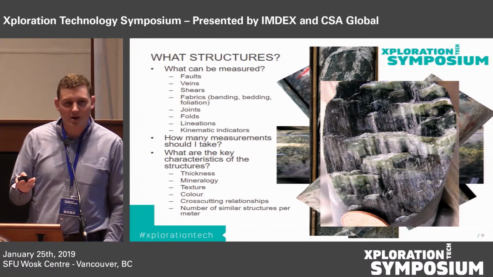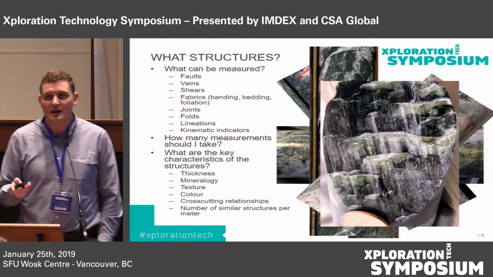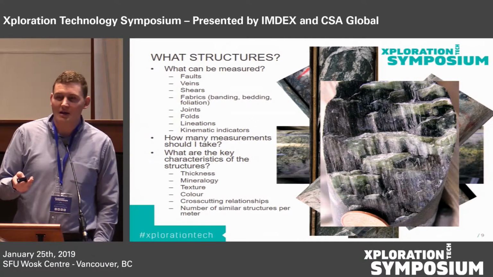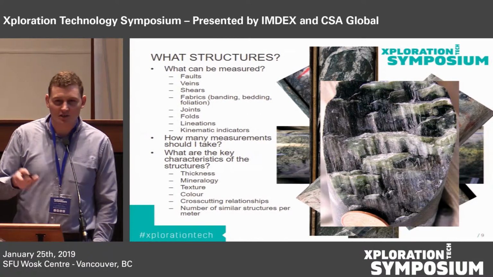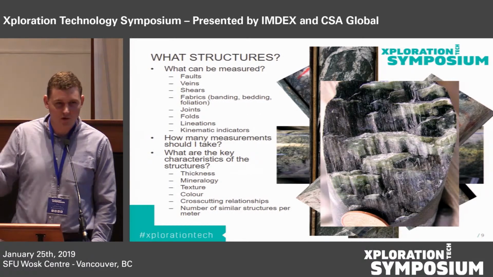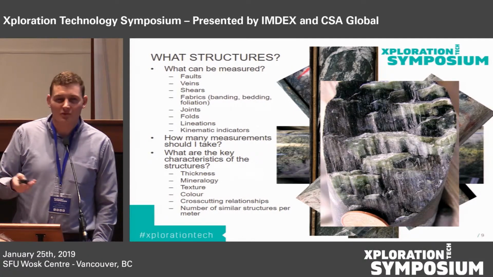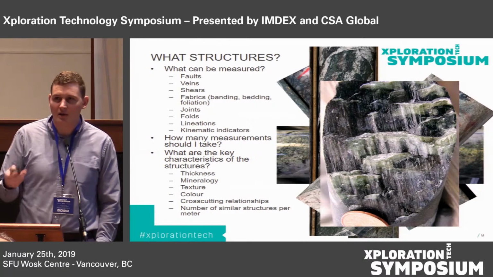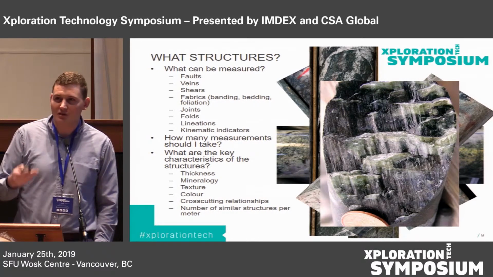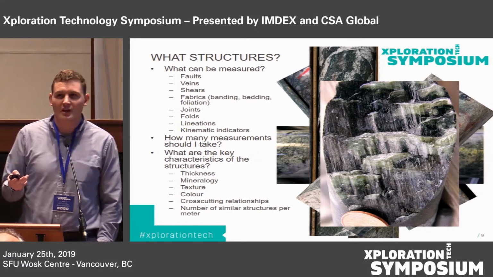The other thing to consider is how many measurements to take. You want to log in detail, but if you've got a structure that's repeating consistently through your whole drill core, you want to probably be logging that every meter or so. And then you want to start logging all the characteristics of each structure that you're measuring. Things like how thick is the structure? What is the mineralogy of that structure?